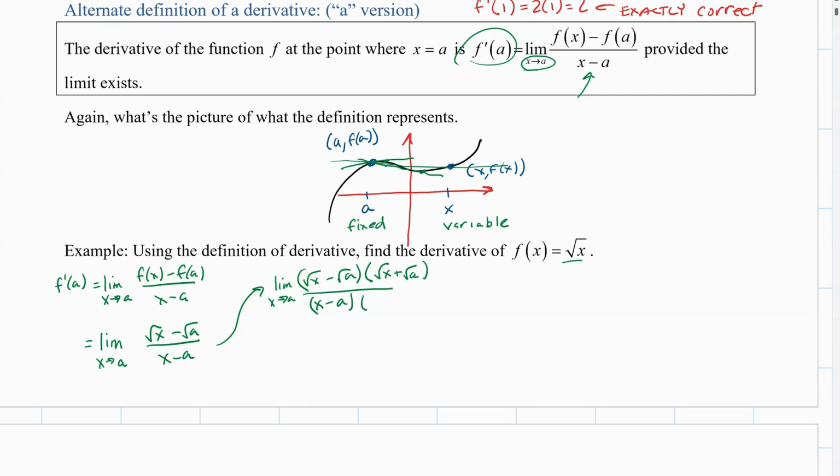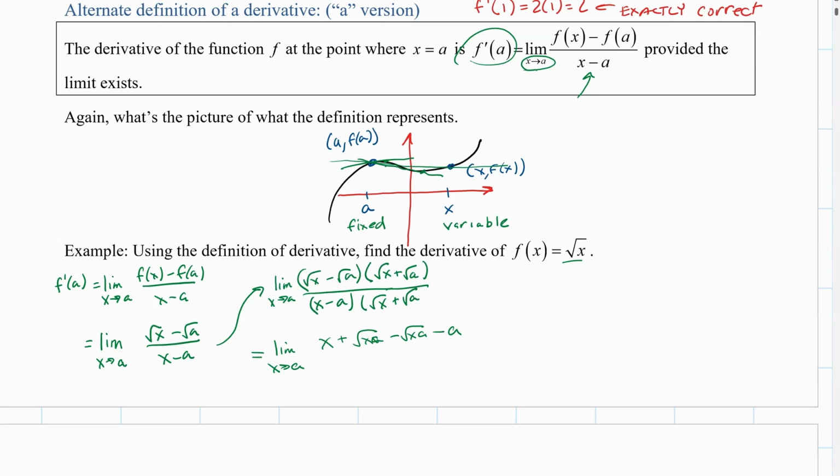Whatever we multiply to the top of the fraction, we'll have to do to the bottom of that fraction in order to maintain the fractions being equal to each other. And if we do that, we get the limit as x approaches a, square root of x times square root of x is x, and then I get a plus square root of xa, and then a minus square root of xa, and then I get minus a squared.